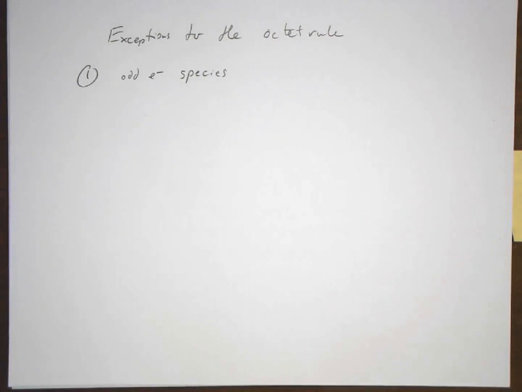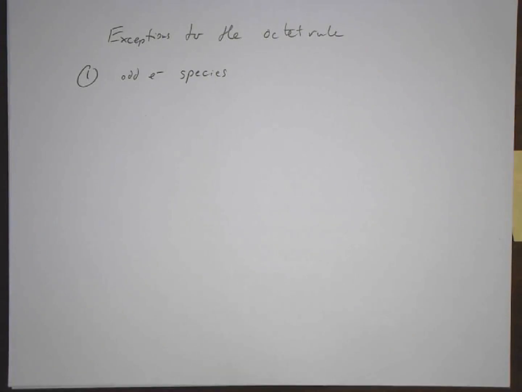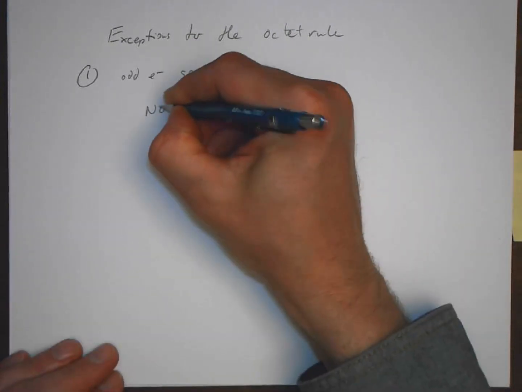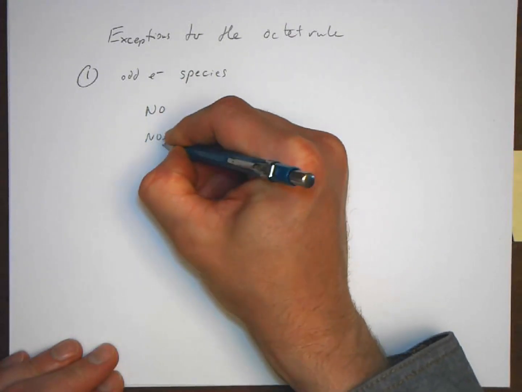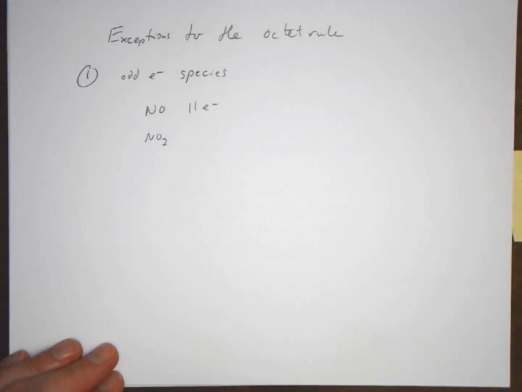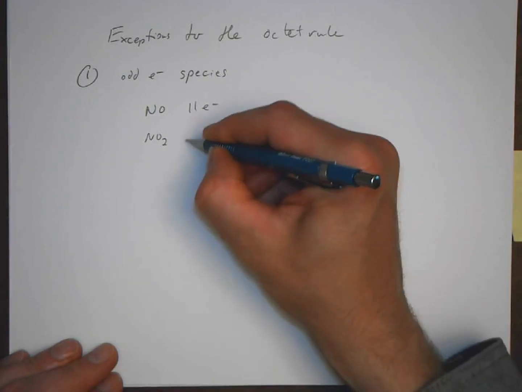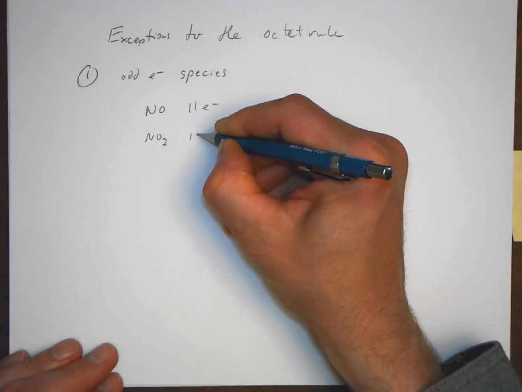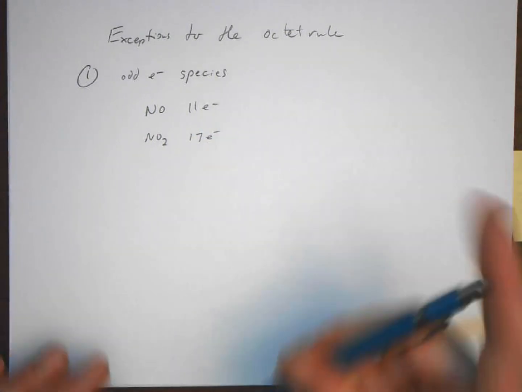I had mentioned in the last lecture that odd electron species are rare, which is true, but they do exist. Here are 2 examples. NO has 11 valence electrons. NO2 has 17 valence electrons.